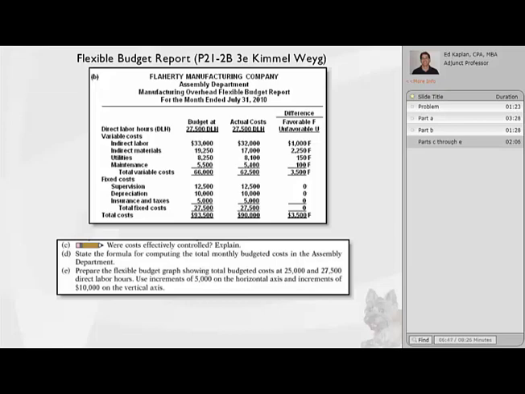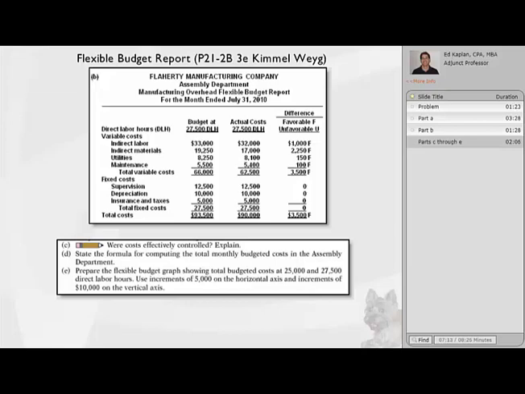Part D says, state the formula for computing total monthly budgeted cost in the assembly department. And the formula that we see is that fixed cost of 27,500 plus total variable cost of 240 per direct labor hour unit will generate our total costs for whatever level of activity we incur.